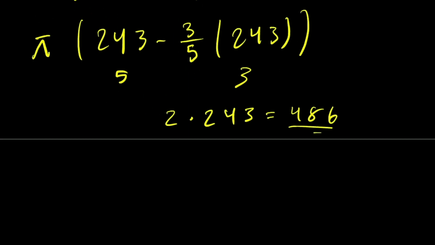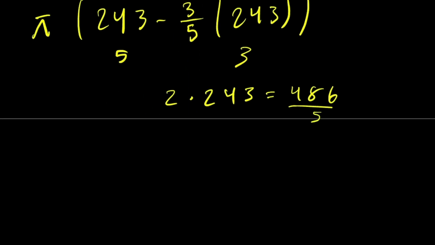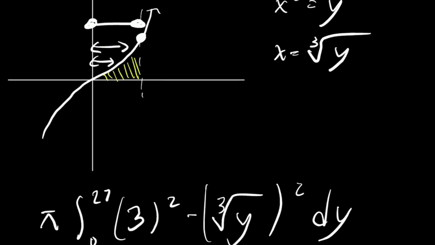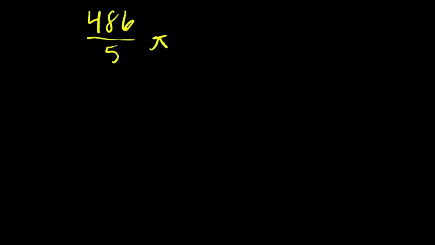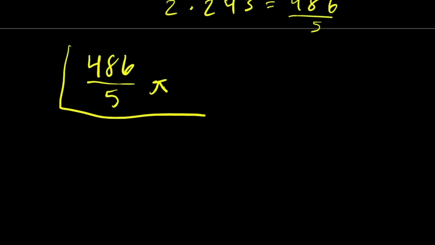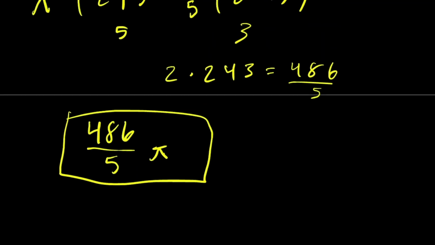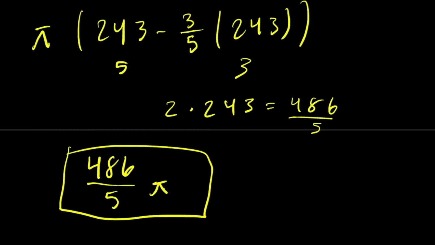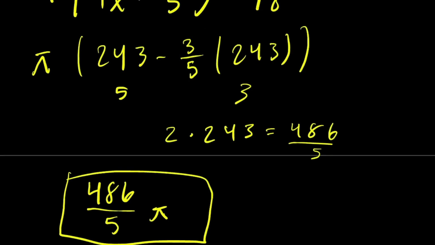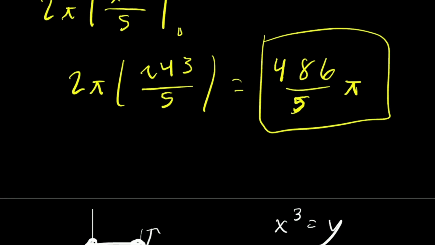And don't forget the denominator. So we're left with 486 fifths pi. If that math didn't make sense, don't worry. Just check it in your calculator. That's how I like to look at it in my mind. But we get the same answer as we did using the other method.